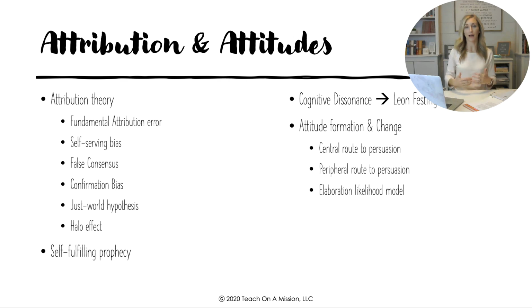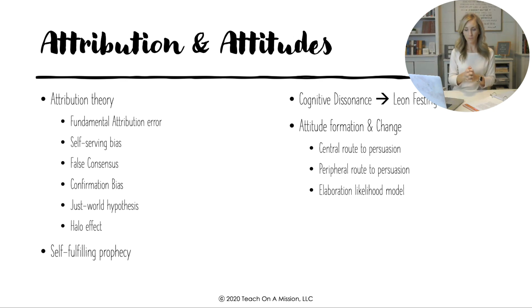Whereas a self-serving bias is that we use attribution theory to our advantage, and that when I do something well, it's because I'm amazing. It's a dispositional cause because I'm just amazing. Whereas if I mess up, no, that is not my fault that I got an F. It's because it was really cold in that room and my Chromebook wasn't charged, that kind of thing, right?